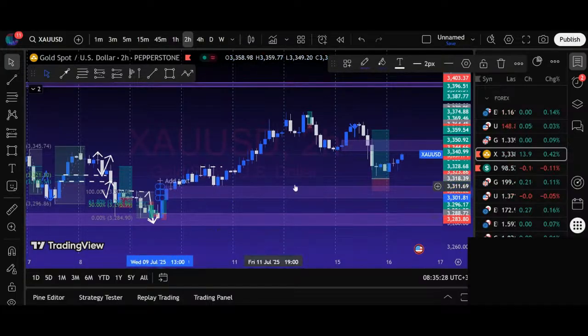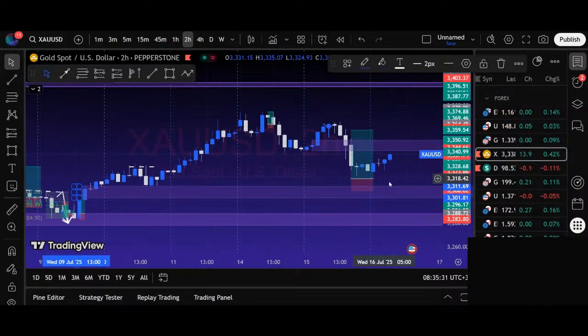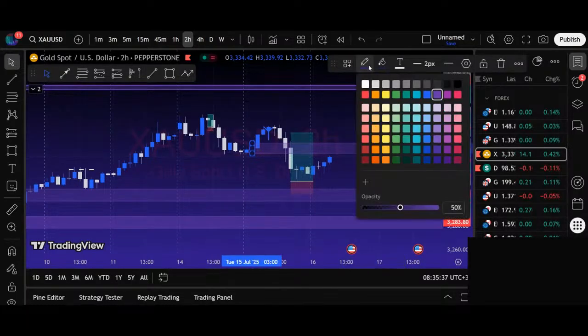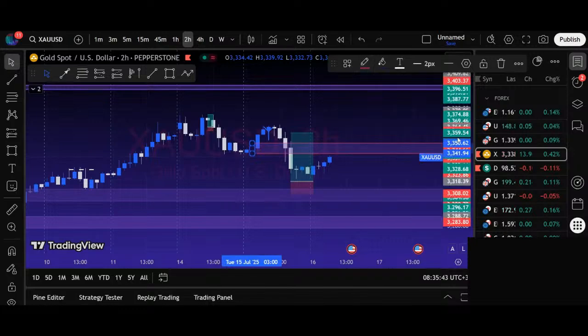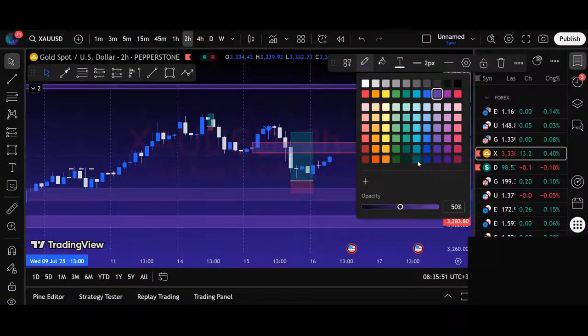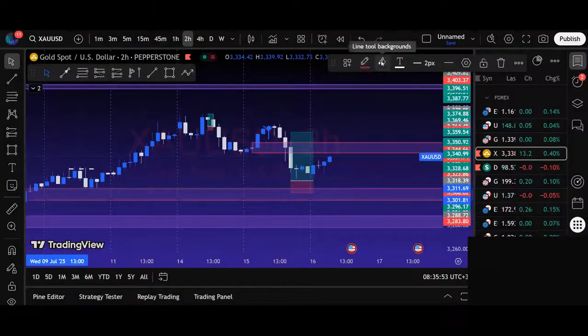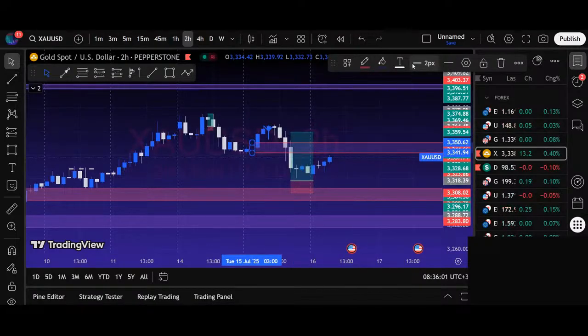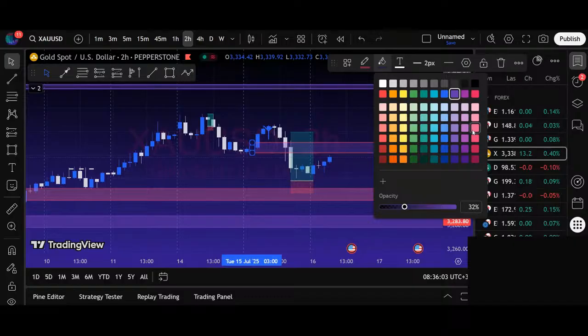So let me color this a different way so that we know these are the AI's zones, not our own, so that we see if you can trade using AI alone.